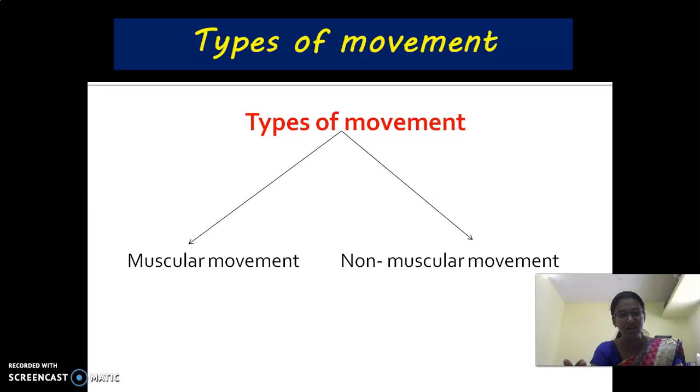But in non-muscular movements, we don't have any muscles and bones. We studied non-muscular movement in microscopic organisms like amoeba, euglena, paramecium, hydra. These are unicellular organisms and they can be seen only with the help of a microscope. Amoeba possess amoeboid movement, euglena possess flagelloid movement. Clear?